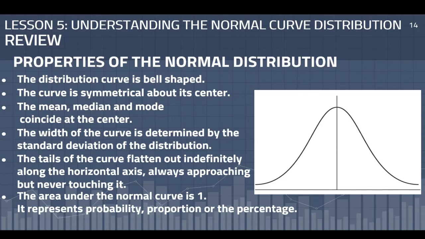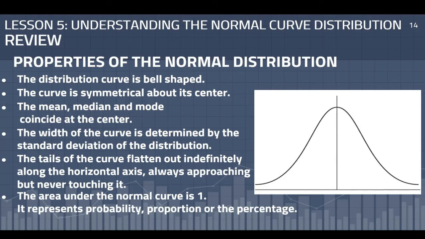It is symmetrical about its center. Mean median mode coincide at the center. Width of the curve is determined by the standard deviation of the distribution. Tails of the curve flatten out indefinitely along the horizontal axis, always approaching but never touching it. And the area under the normal curve is 1. It represents probability, proportion, or percentage. So, yun na.